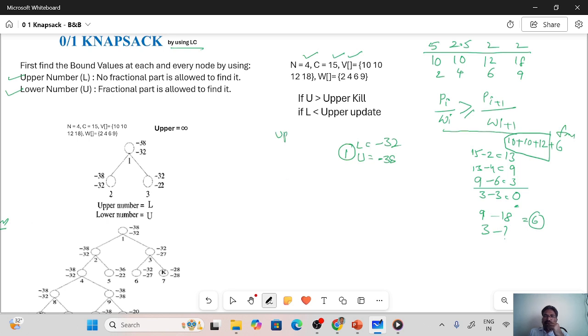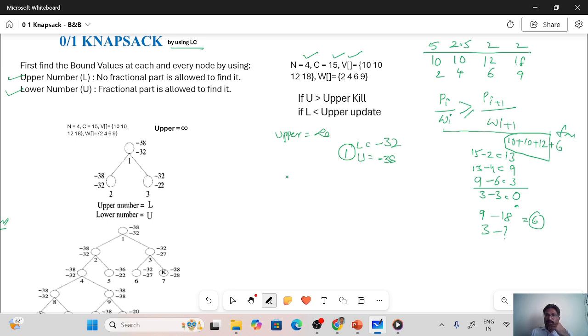Initially we are going to maintain one global variable, that is upper, initially as infinity. Now what is the problem we have? 01 knapsack. So which bound does not allow the fraction? Lower bound. So now we compare this lower bound or upper number with this upper label.